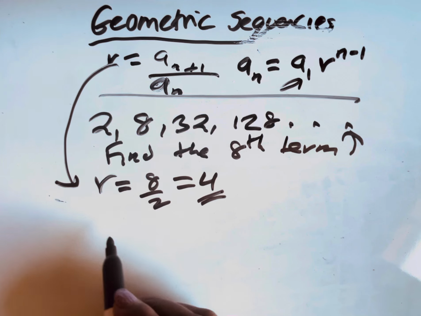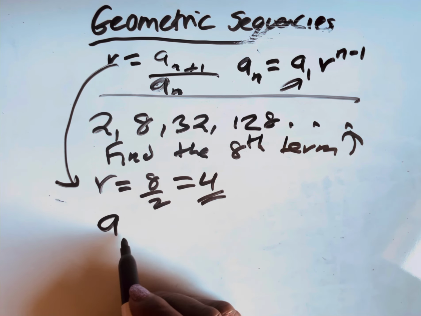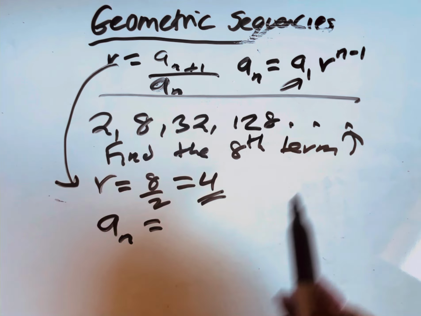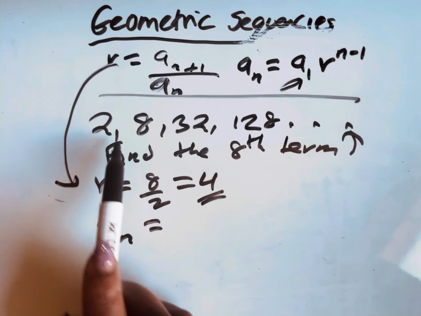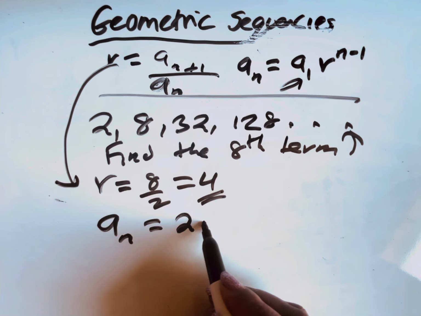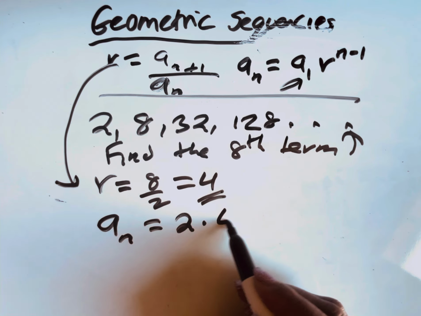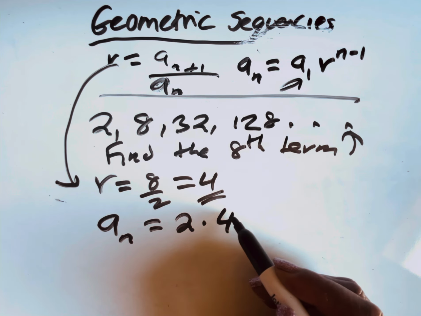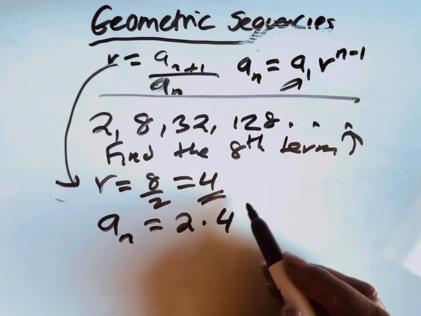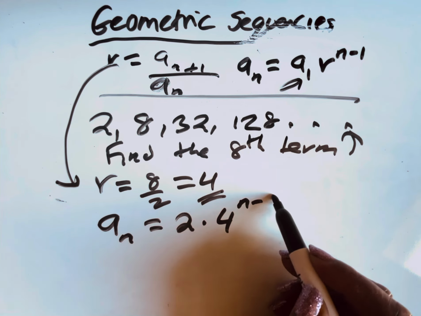So to find my 8th term, I'm going to take the first term of my sequence, which is 2, multiply that by the common ratio, which I found up here, 4, and it's 4 to the power n minus 1.